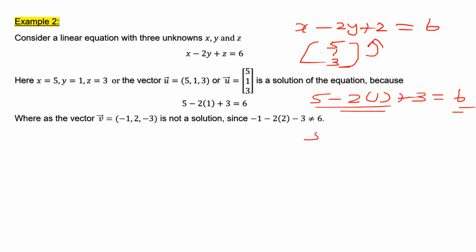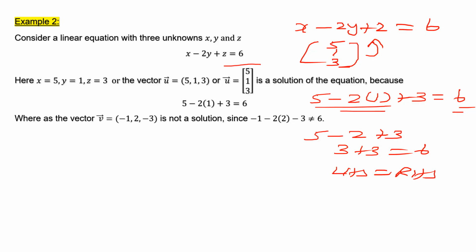So if I simplify, I will get 5 minus 2 plus 3. So 5 minus 2 equal to 3. So 3 plus 3 equal to 6. That means left hand side is equal to right hand side. So I say the u vector equal to 5, 1, 3 is a solution of the equation x minus 2y plus z equal to 6.